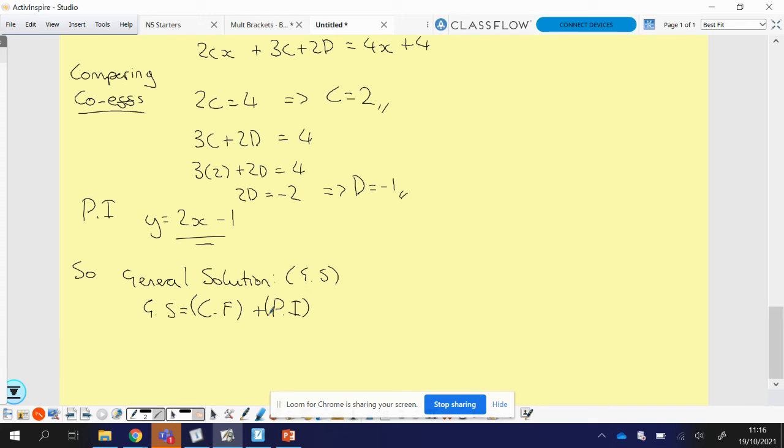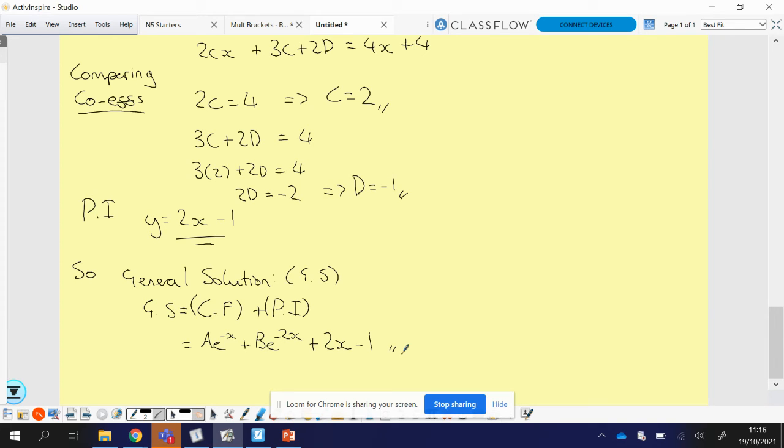That's how we get our general solution. We just combine both pieces together. So my complementary function was A e to the negative x plus B e to the negative 2x, plus our particular integral, plus 2x minus 1. So that was the general solution for that equation there.